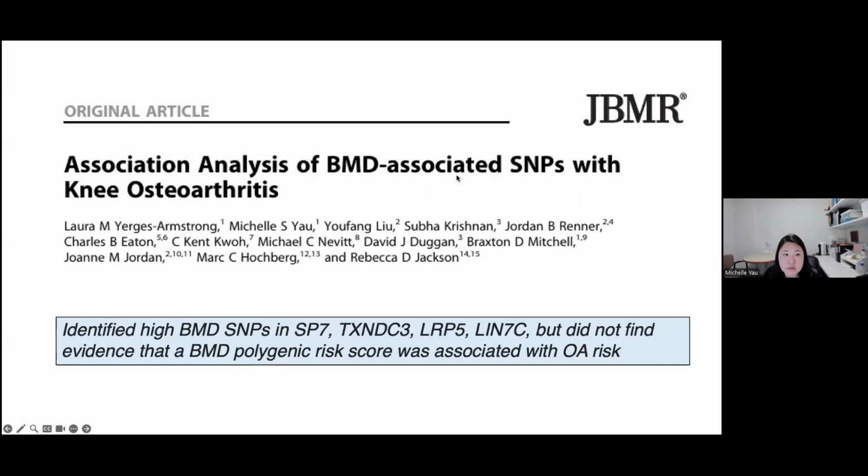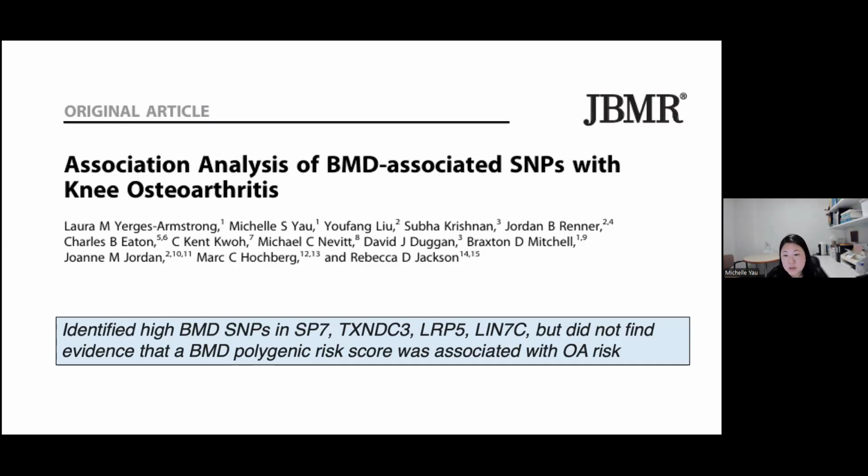We used these data initially in a publication back in, I think, 2013, where we looked at BMD-associated SNPs with knee osteoarthritis. We had taken our genotyping data in OAI, and we wanted to see whether the current genome-wide association study for BMD, which at the time I think was from the GEFOS consortium, had SNPs associated with OA.